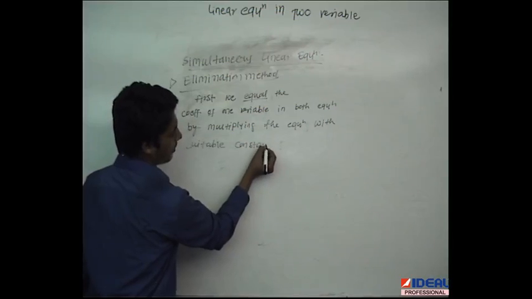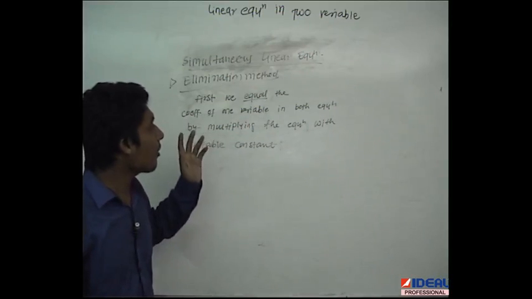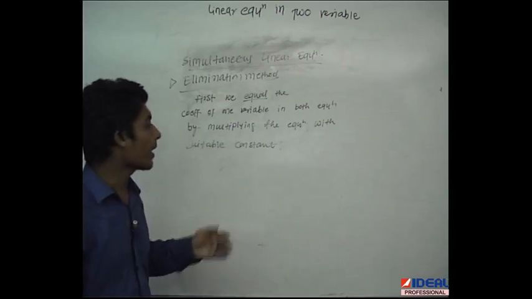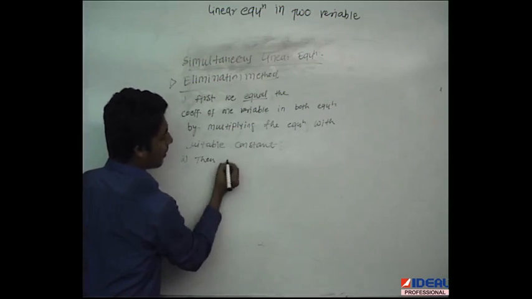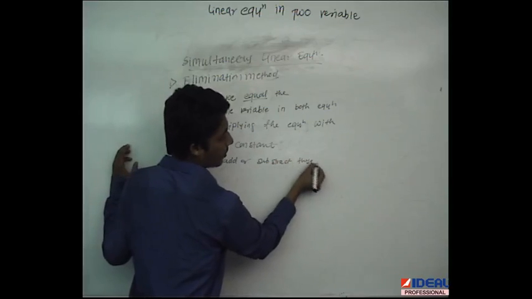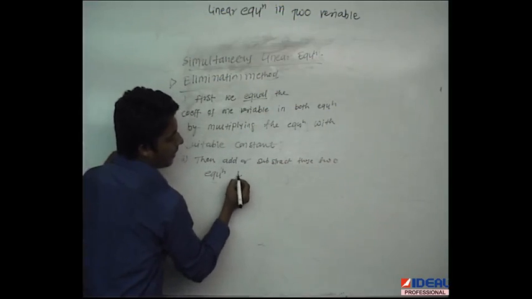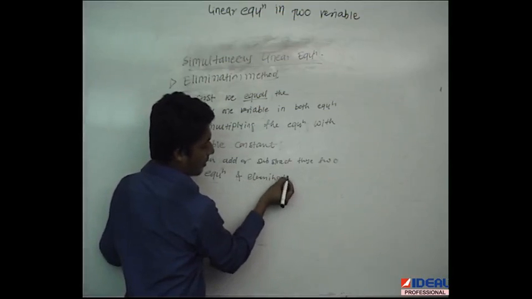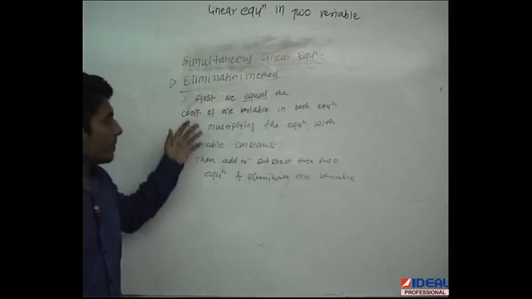And next, then add or subtract these two equations and eliminate one variable. So this is the elimination method.